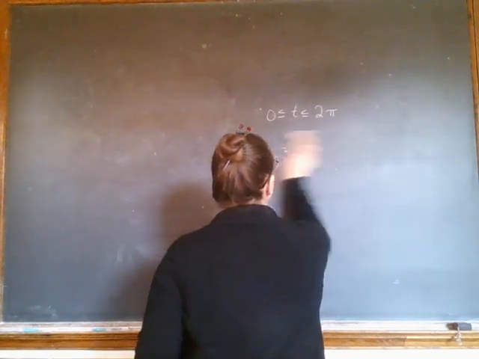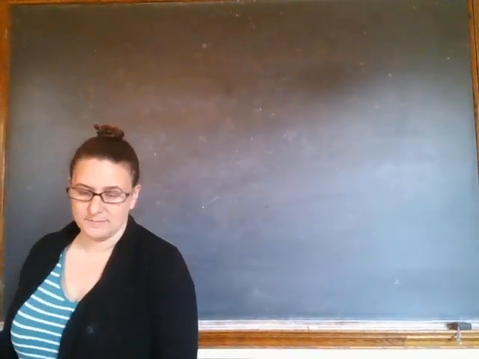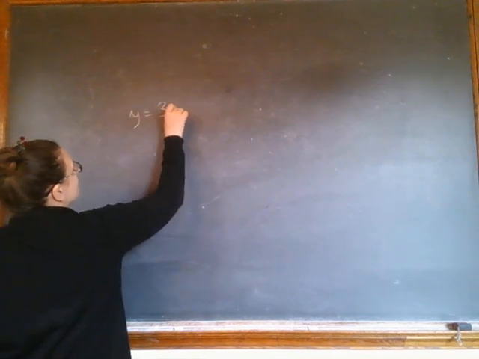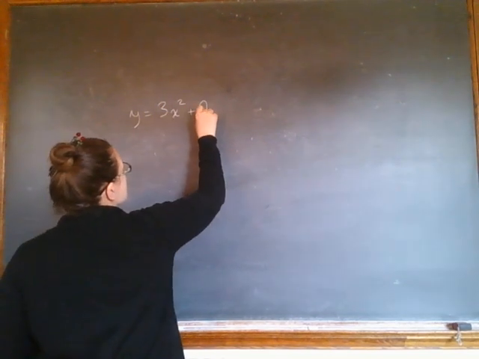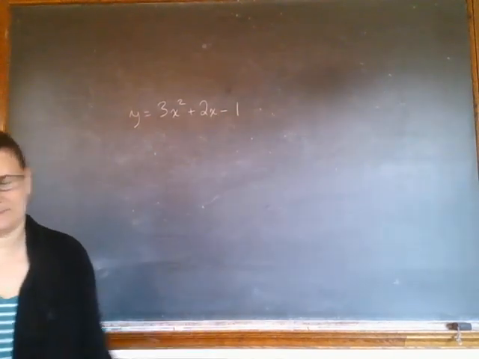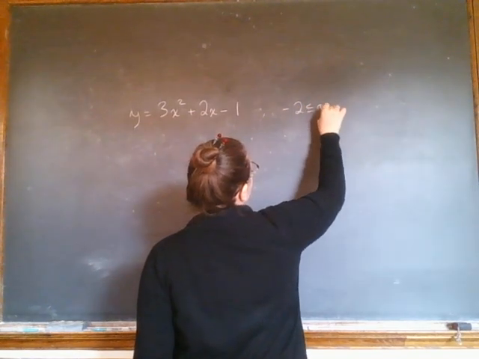Now, the second thing we want to just mention briefly is what happens if you have a curve and you want to parametrize it. So, let's say I have something like this. All right, this is some parabola, right? And I'm taking x from -2 to 2.